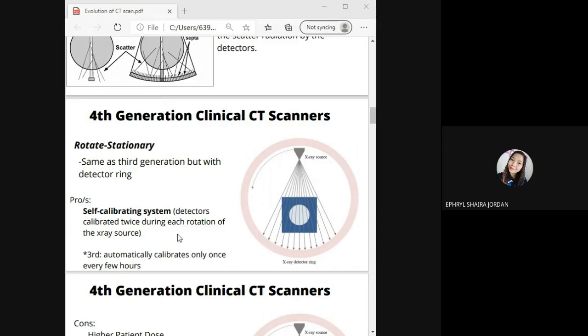So, ang good thing lang sa fourth generation, in-address naman nila yung problem sa third generation CT scan, 'di ba? Ang problem nila is ring artifact which is caused by miscalibration or failure or malfunction of one or more detectors, 'di ba? So, they've addressed the problem by having self-calibrating system.